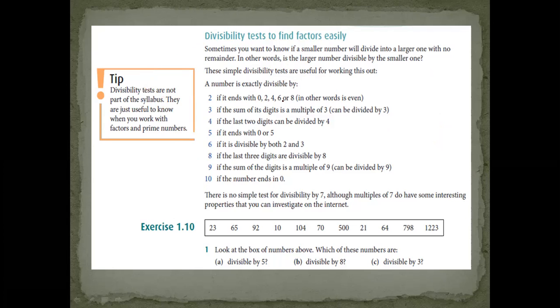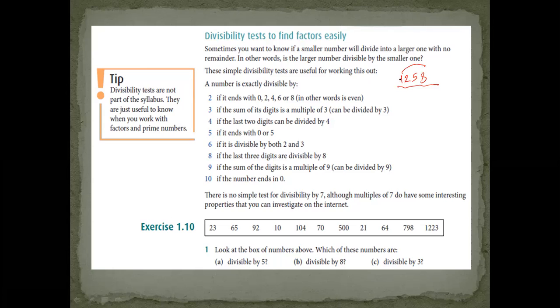How can you do it? If it ends with 0, 2, 4, 6, or 8. We have a large number, for example 1,258 is a big number. That's why we don't know if it's divisible by 2 or 4 or 5.